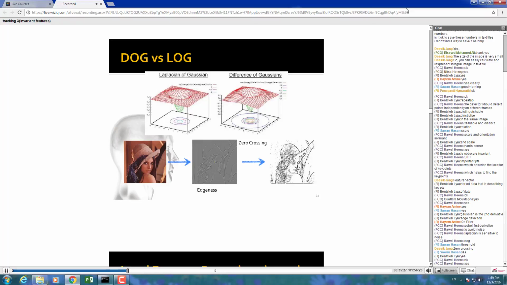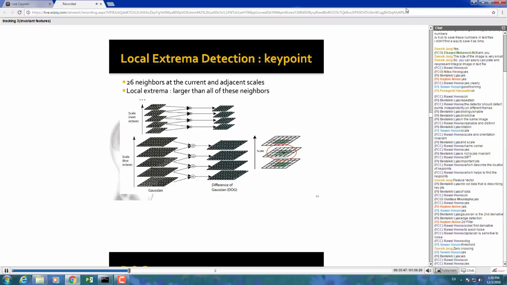So this slide is comparing the Laplacian of Gaussian, LOG, and DOG. Their curves look almost the same, so their response images are almost the same. So from now we are going to use DOG.